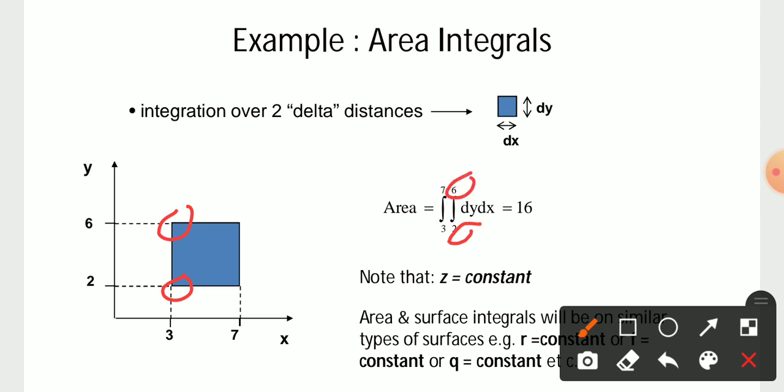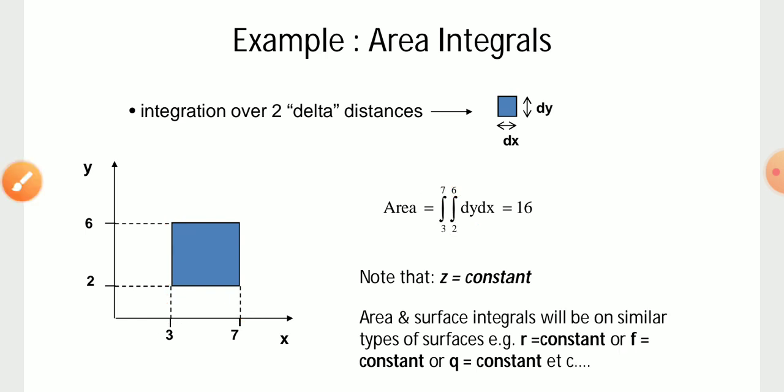For x the variation is from 3 to 7, so it is written as integration from 3 to 7. The differential length variation occurs for y and x, and for this reason it is written as dy and dx.